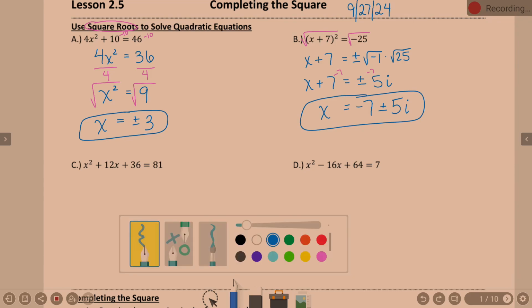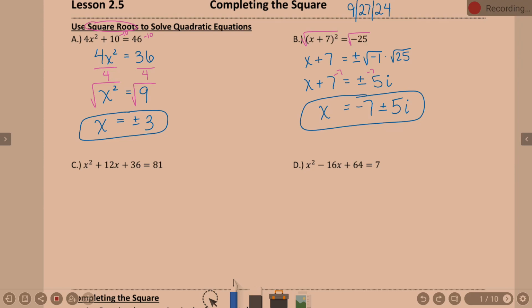So that 81 is just hanging out on the right. Don't mess with him right now. We're going to leave the 81. I'm going to write it as two parentheses for the moment, just because I need everyone to see it. If we're trying to factor this into two parentheses on the left, x squared breaks into x times x.